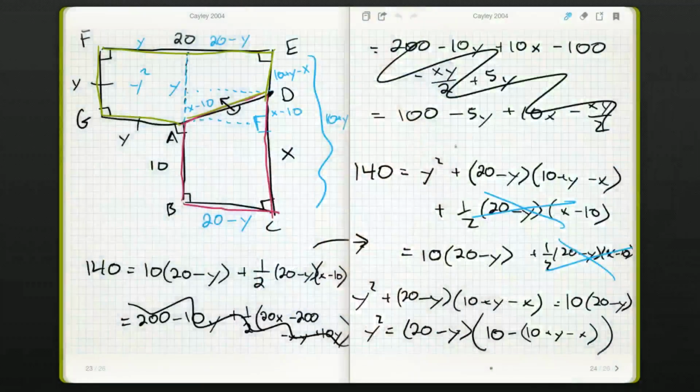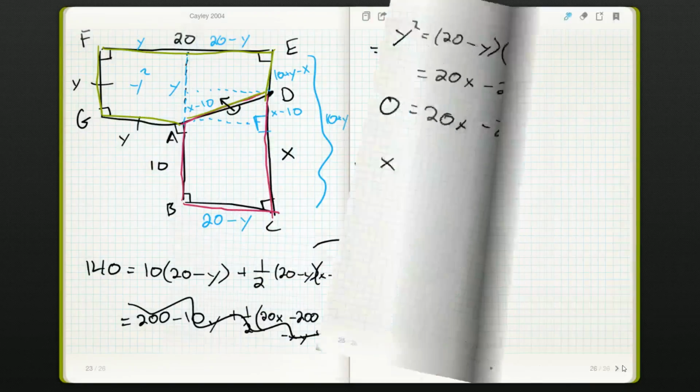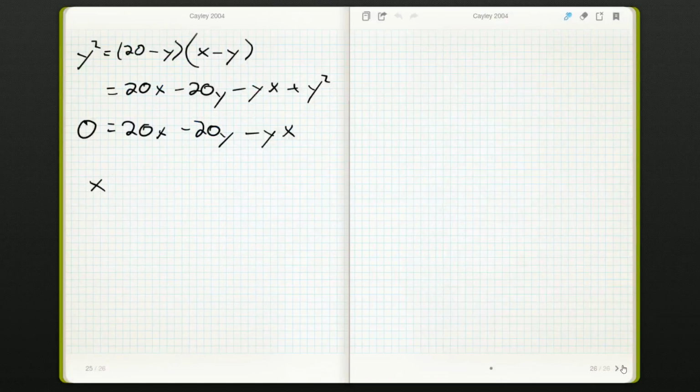The 140 is equal to 100 minus 5y plus 10x minus xy, because I think that might be able to help me a bit. So I'm not going to rearrange anything right now.